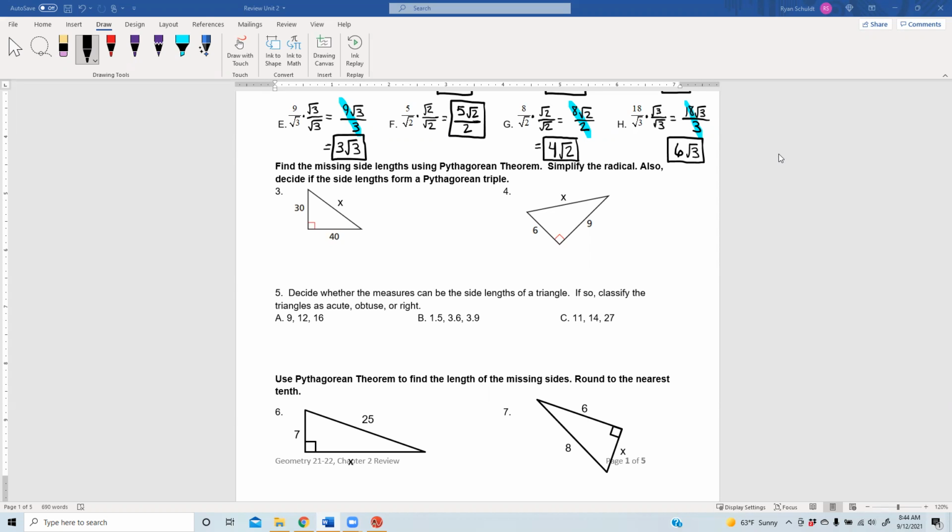First thing we need to do, label your C. There's your C. When we do the Pythagorean theorem, it's just a squared plus b squared equals c squared. That's the side that goes by itself.